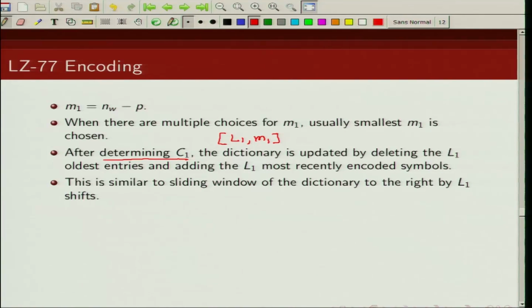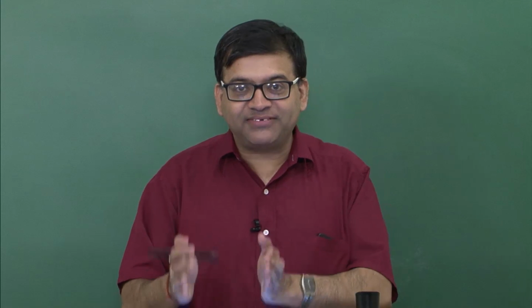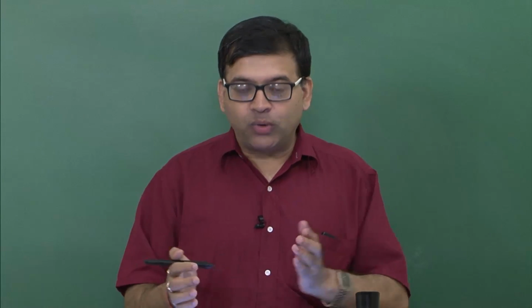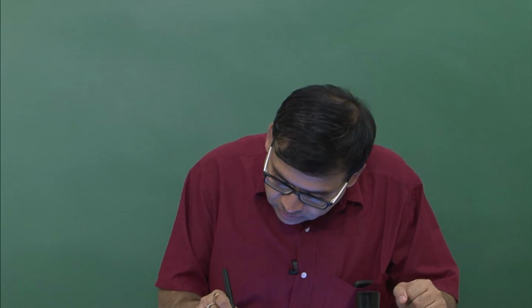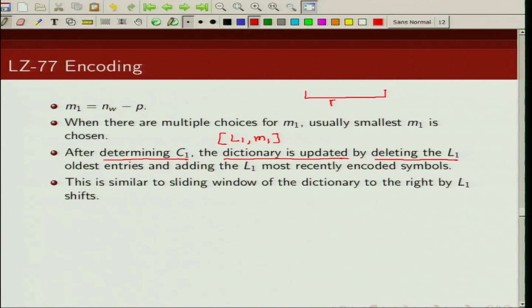Next, I am going to update my dictionary. How am I going to update it? I am going to delete the L1 oldest entries from the dictionary and add the new L1 symbols. Look at this. I had these NW symbols in my dictionary. Now I looked for the maximum match, this string Y1, so there was a match of length L1.